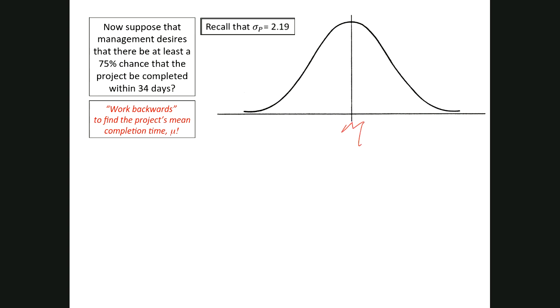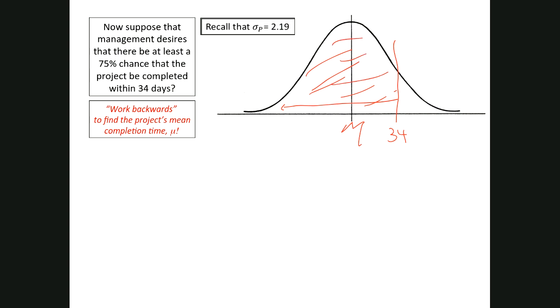That's our mean. Okay, so in order to achieve 75% that it'll be completed within 34 days, 34 days will have to be, think about this carefully, somewhere to the right of the mean, because the probability that we complete in less than 34 days has to be 75%.